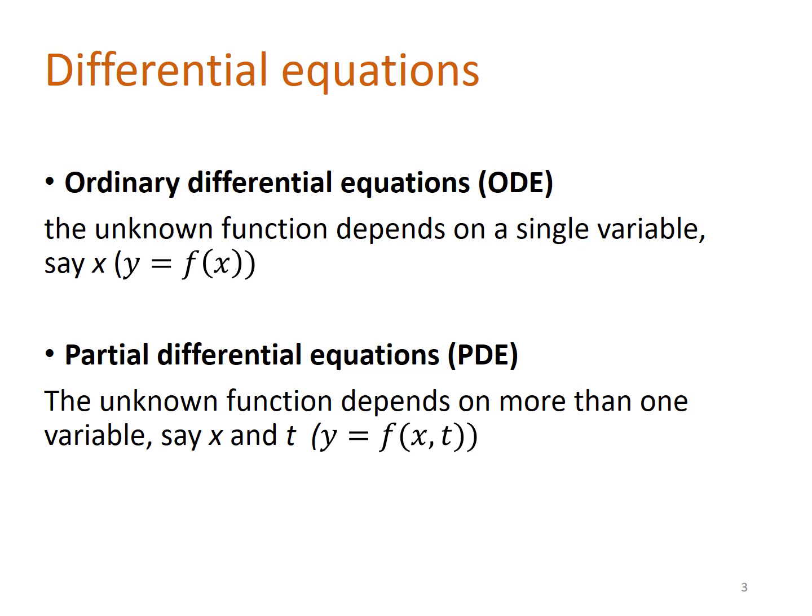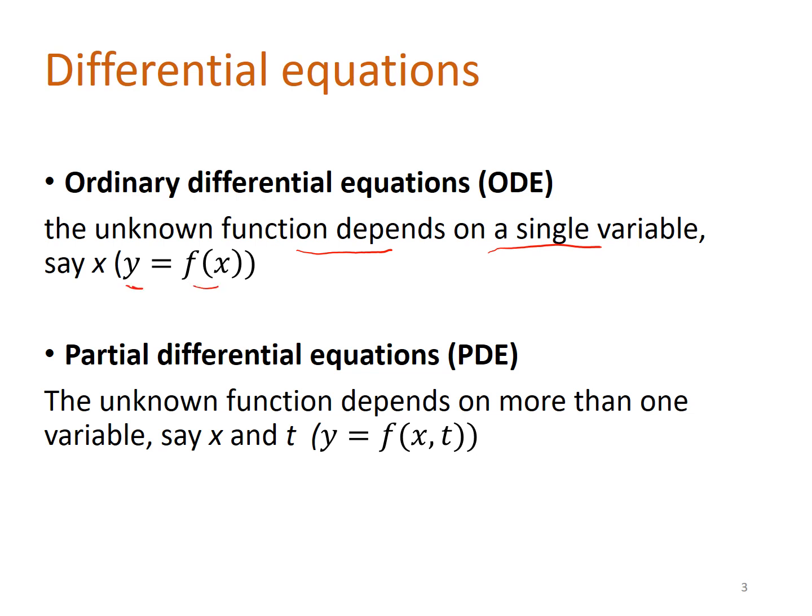We are going to discuss the types of differential equations at the end of this lecture, but just as an introduction, we have ordinary differential equations and partial differential equations. In ordinary differential equations, we have an unknown function which depends on a single variable.